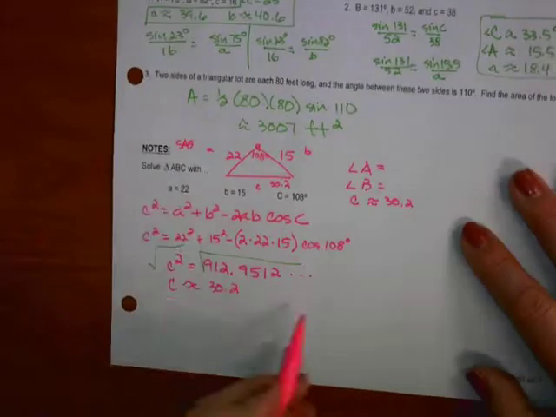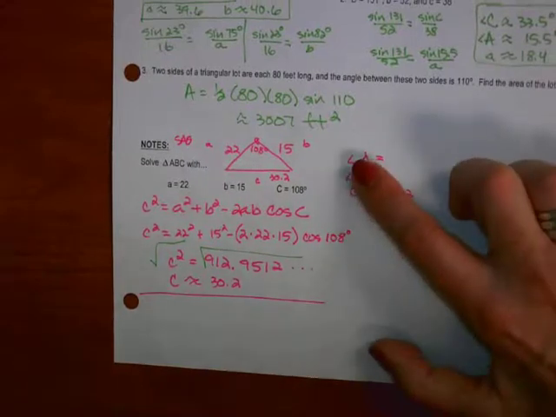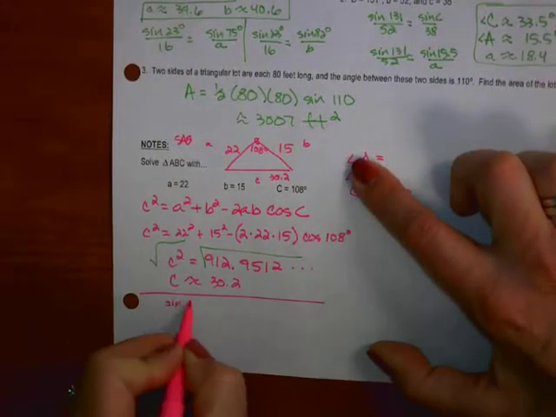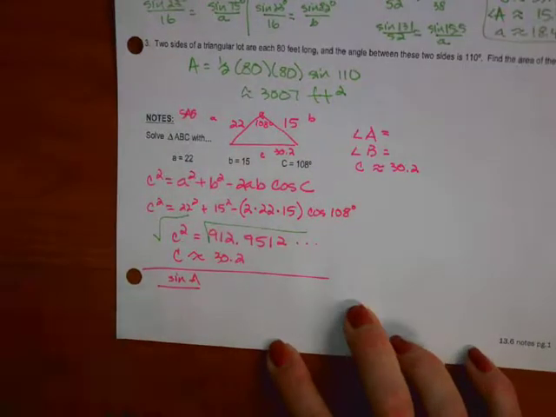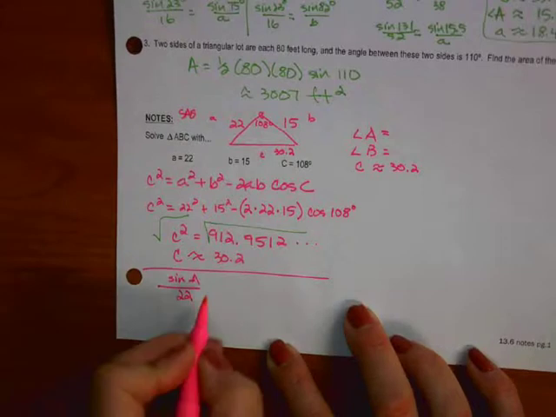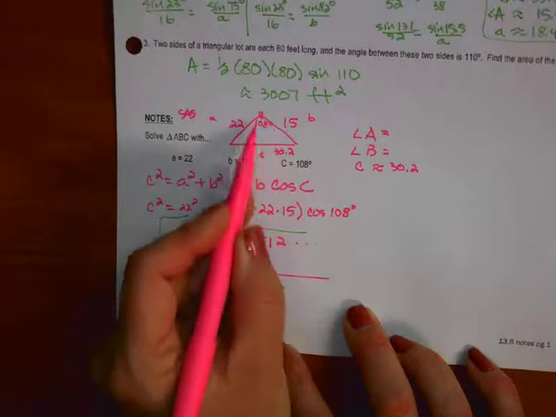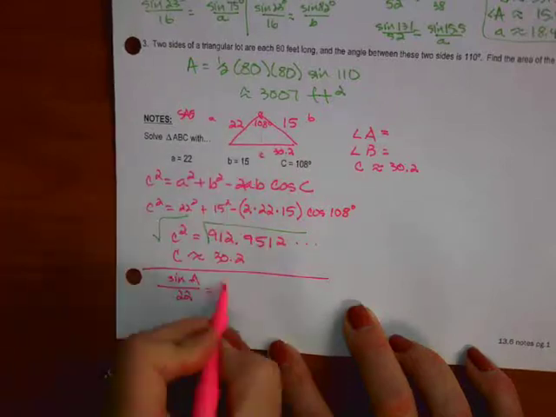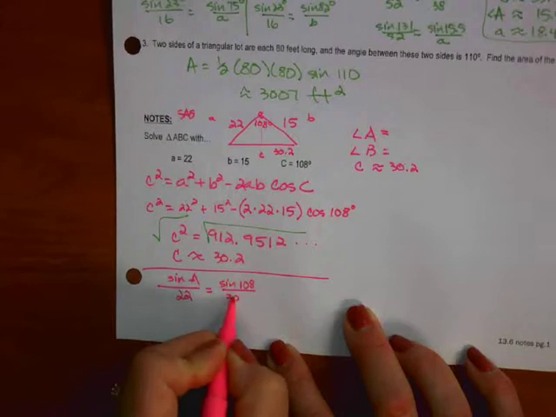It's up to you. So now I have to find angle A or angle B. It doesn't matter. I'll look for A here. The sine of A over side A, which is 22, equals, and I'm going to use the C ratio here, the sine of 108 over 30.2.